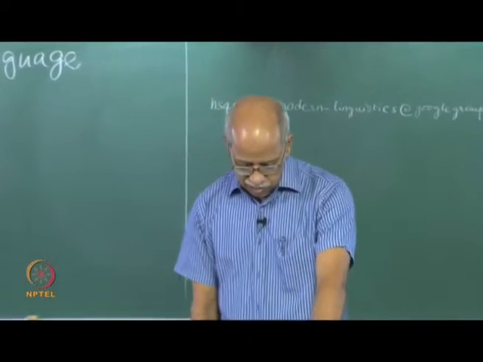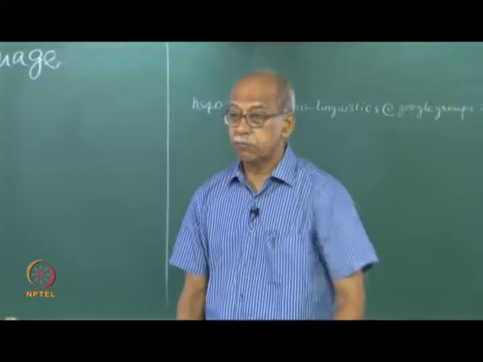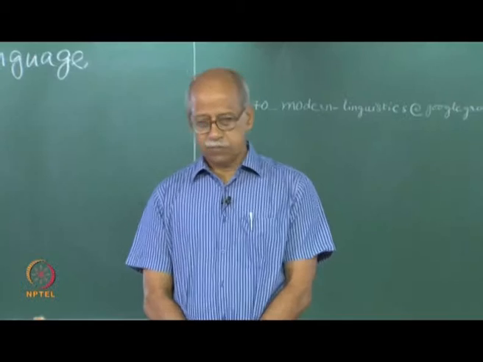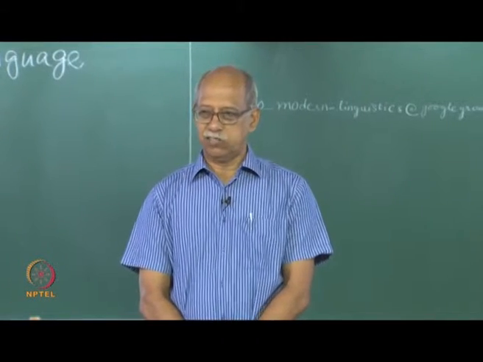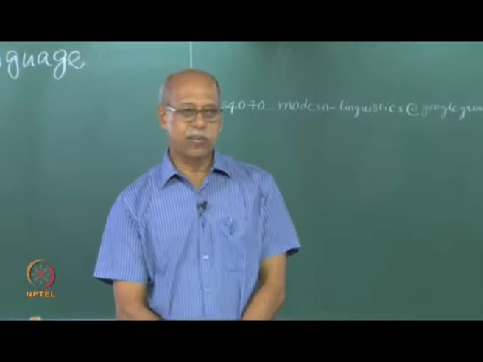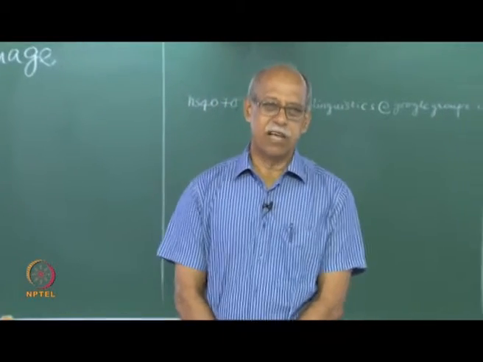So, in that sense, is it social behavior? Do you use language only when you are with friends? Yes or no? Maybe quite often, when we are with friends. Can you imagine two friends going silently together? I have seen man and wife going silently together, even without a quarrel. But two friends going silently? Sometimes, yes.